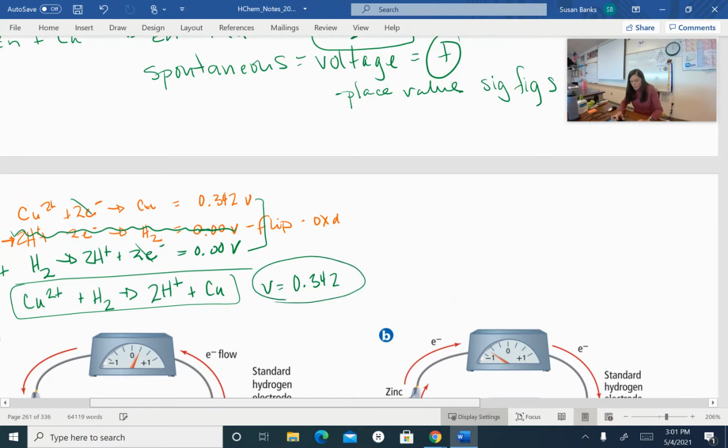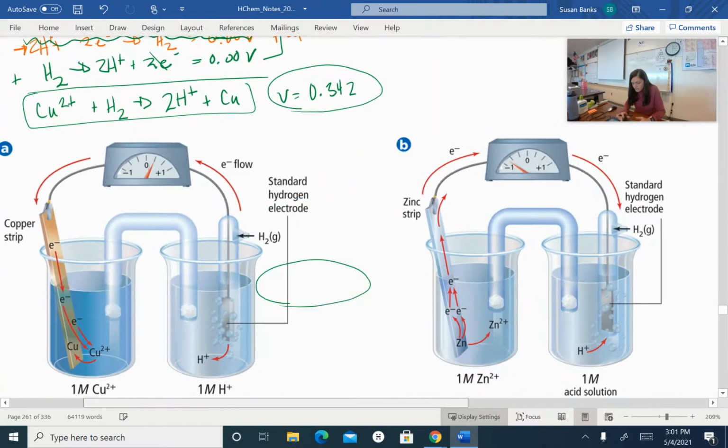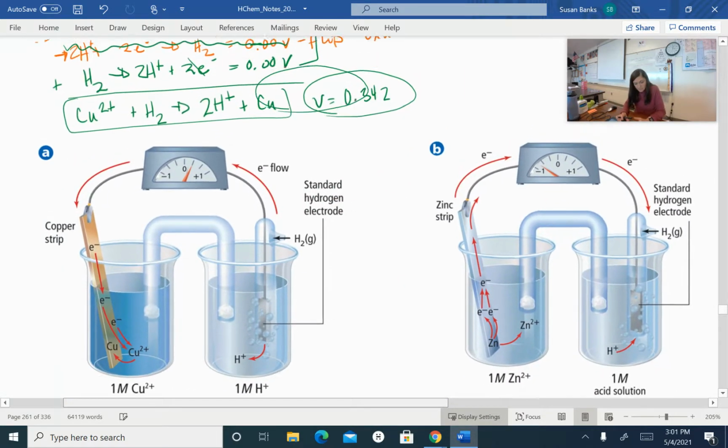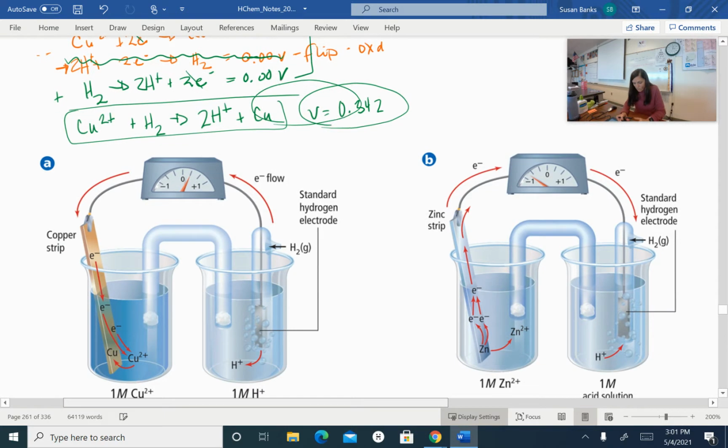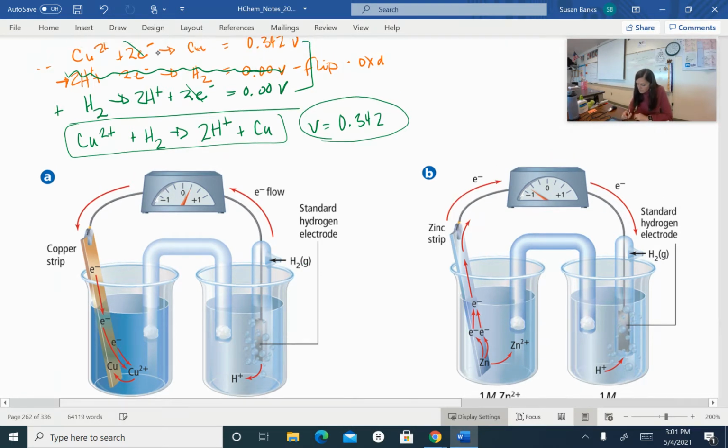So if we look at this diagram, is that what we see? We do indeed. The electrons come from hydrogen, so the hydrogen is providing the electrons.